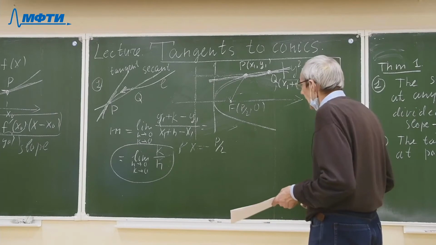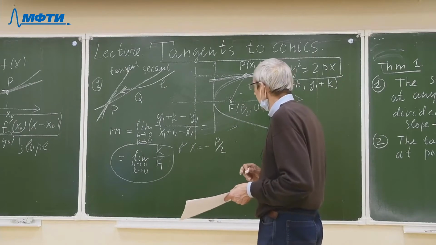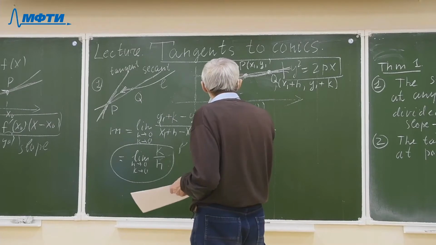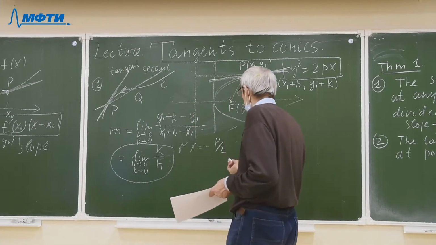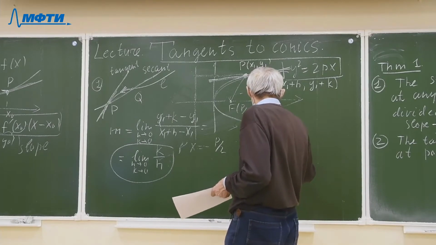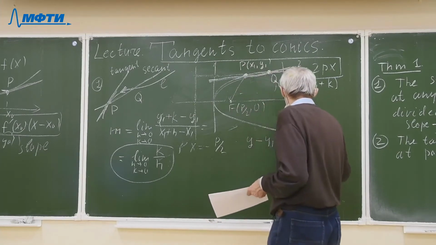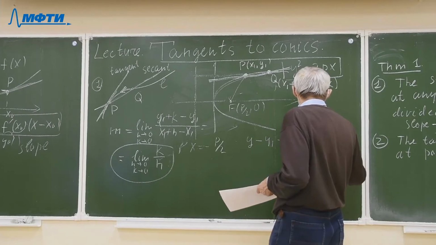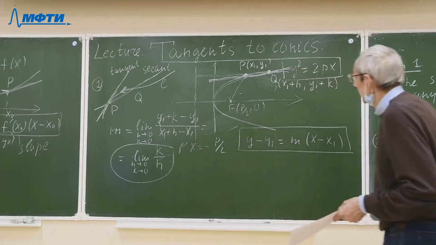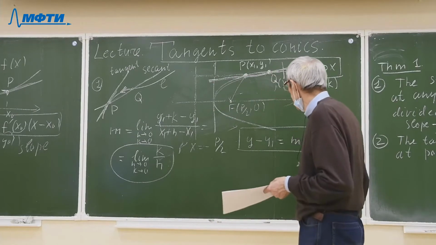Then the equation for the tangent line is y minus y1 equals m times (x minus x1). And let's calculate this ratio k to h.